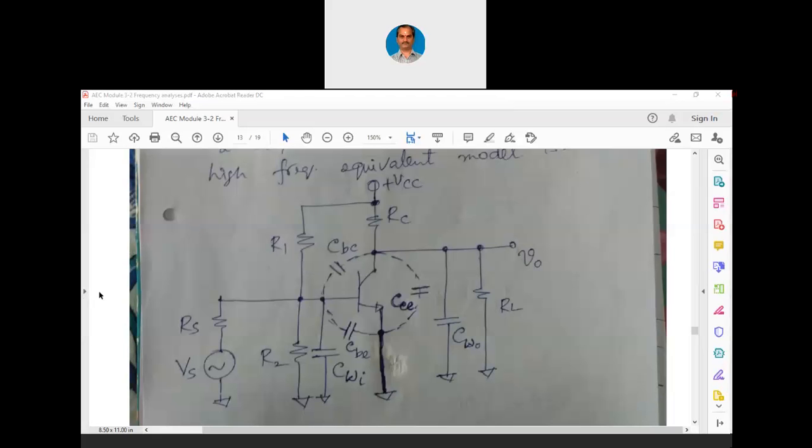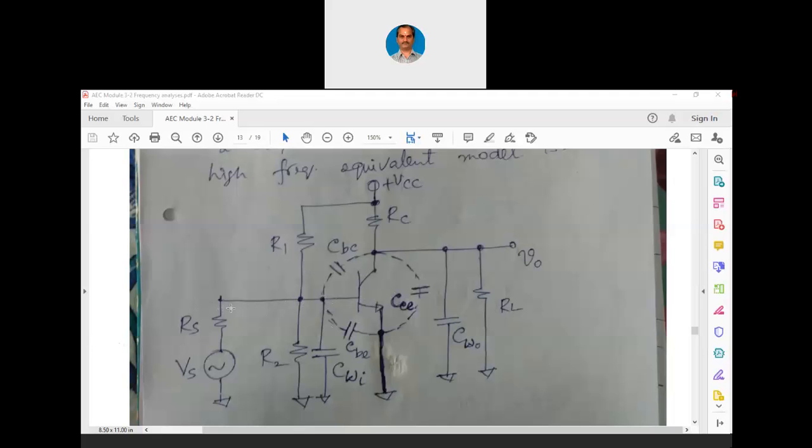CWI stands for the wire capacitance at the input, and CWO stands for the wire capacitance at the output. Whenever we connect the signal source to the transistor, in between we have a copper wire. Whether it is a discrete circuit or an integrated circuit, even inside the integrated circuit, there is a metal wire.